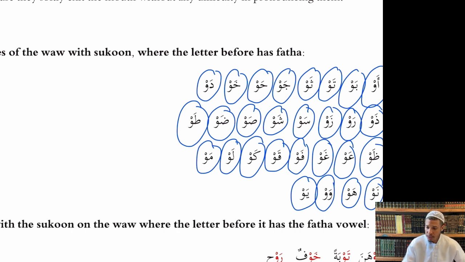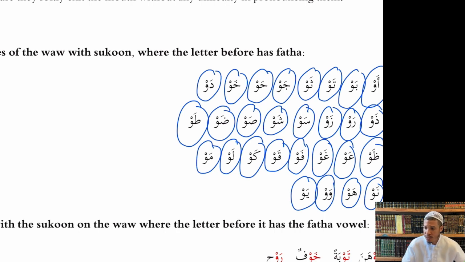Now, in Arabic, most words are going to be three letters or more. Some of these that we read are actually words considered particles in the Arabic language, such as aw, such as law. These are actually words.